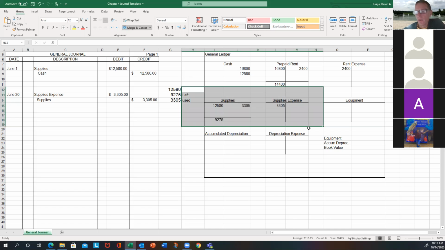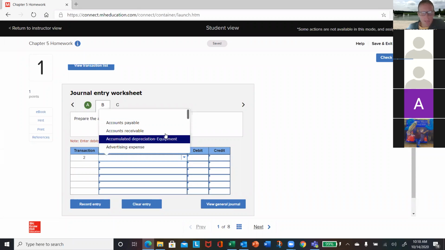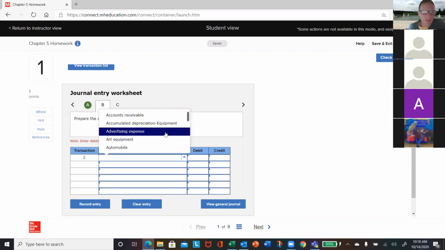If you were getting ready to prepare a financial statement, like an income statement, that supplies expense would now be posted, and once you prepared the income statement, it would show up there. Now, let me go back. If you are in Connect, what they want you to do is go to that cell and click the drop down. You don't have to use Excel. They've got their journal set up like this.